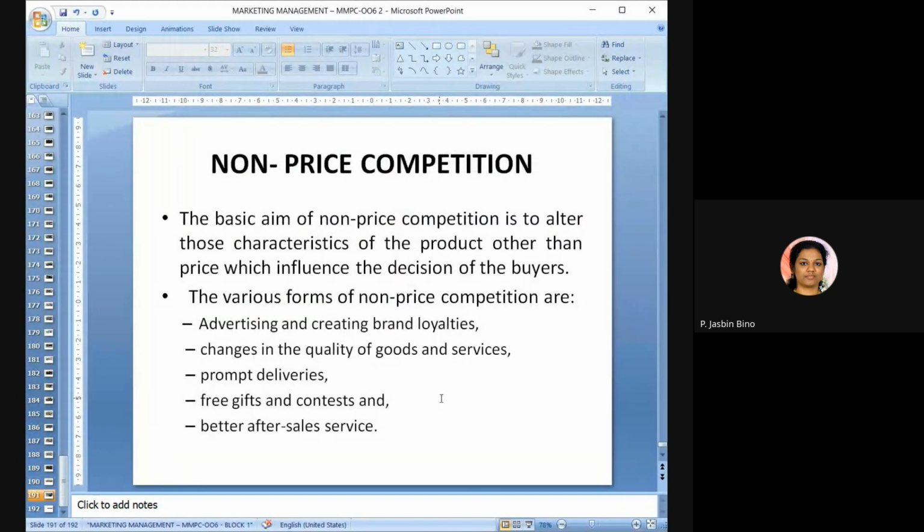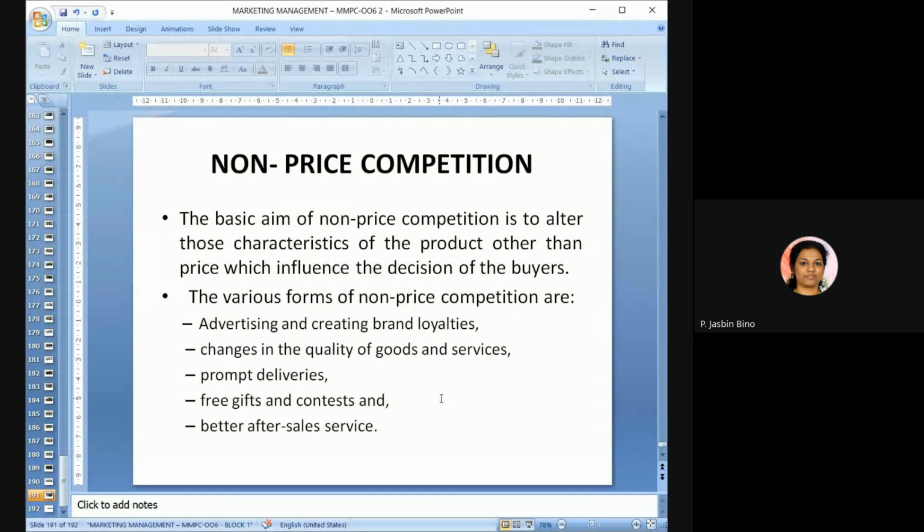So non-price competition. The vital aim of this non-price competition is to alter the characteristics of the product other than the price, which influences the decision of the buyers. So instead of price, they'll be advertising the product.